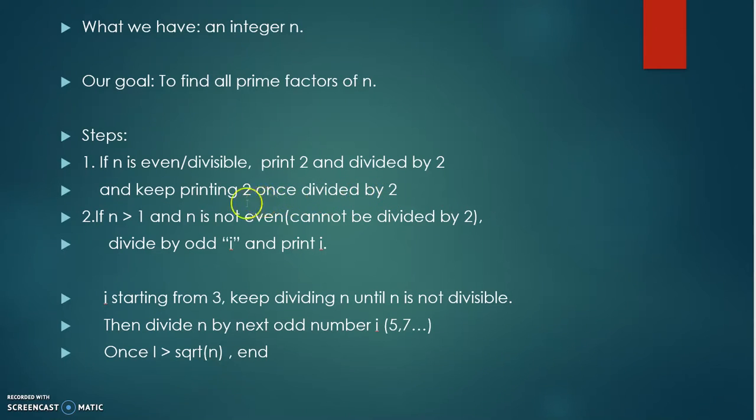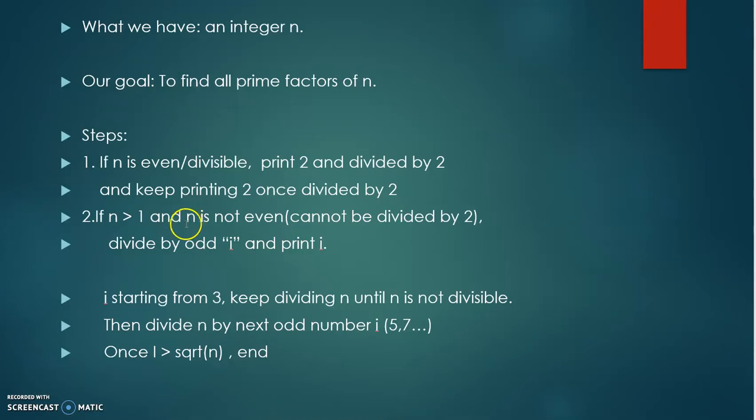Secondly, if this integer n is bigger than 1 and n is not even, it cannot be divided by 2, so n is an odd number right now.